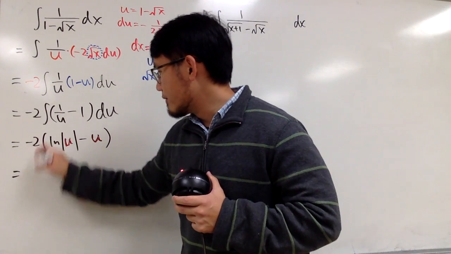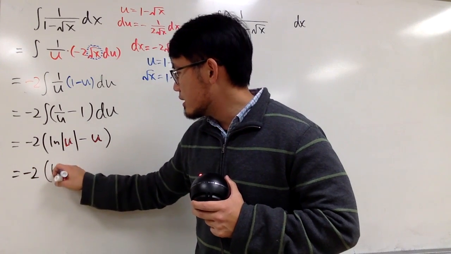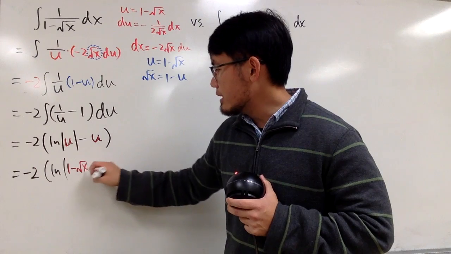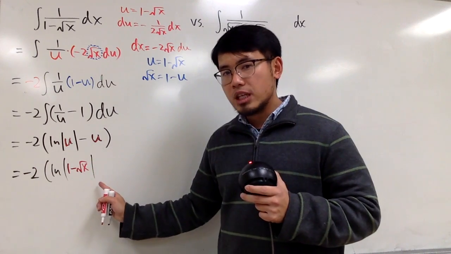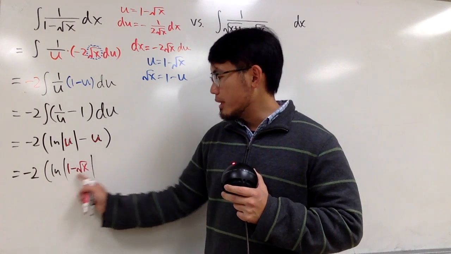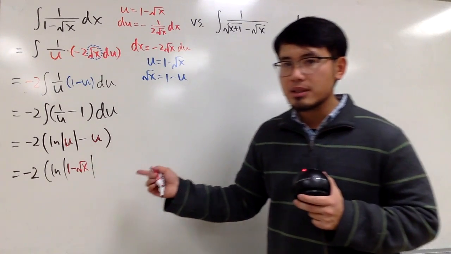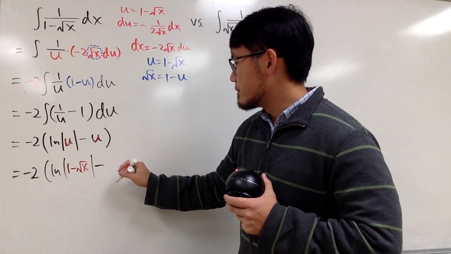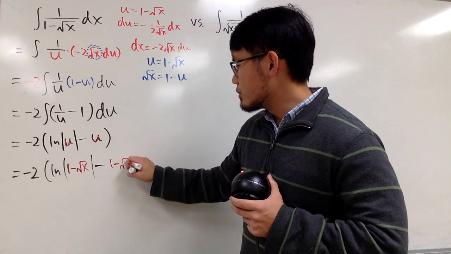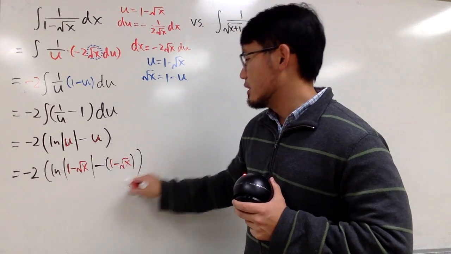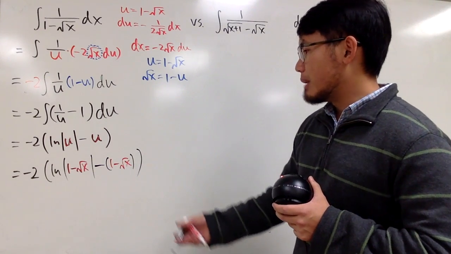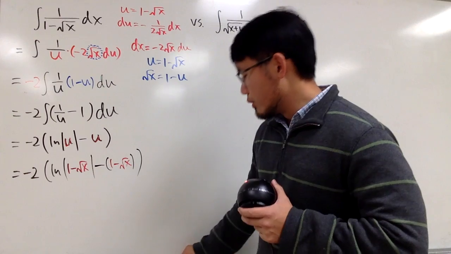Now, let's see. We have negative 2 parentheses, natural log absolute value, and the u is 1 minus square root of x. I will have to keep the parentheses because the inside, 1 minus square root of x, could be negative. So keep it, and then minus the u, which is 1 minus square root of x, and of course in the parentheses, another parentheses. So this is pretty much it. You can put on plus c, but perhaps I will distribute the 2, right?